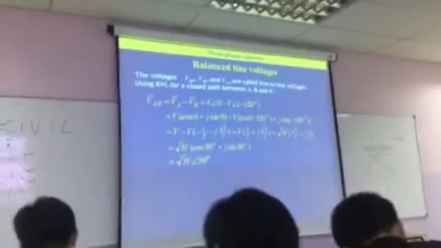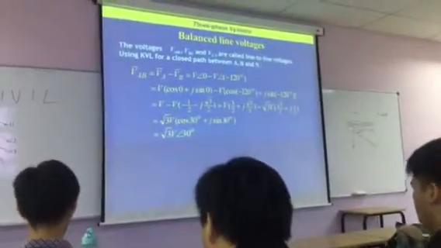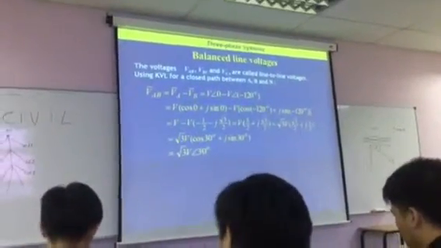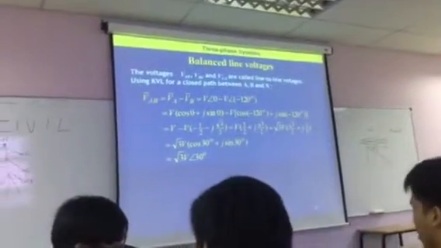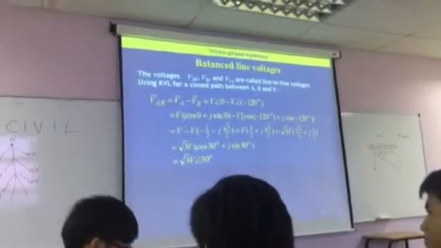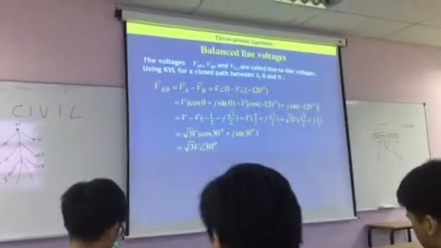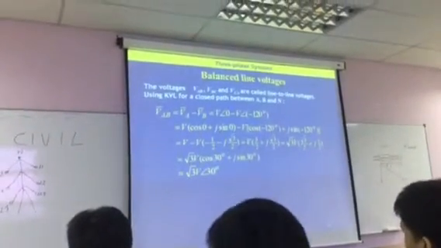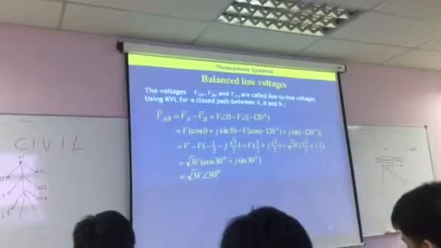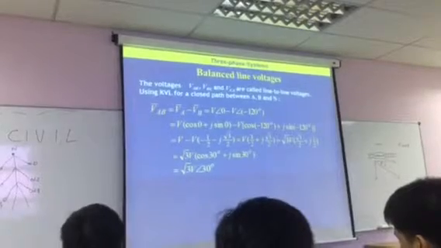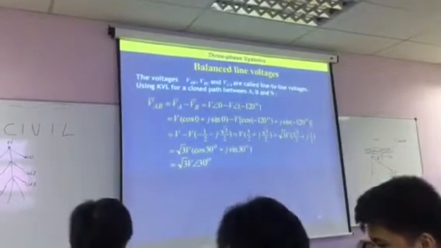Tell me what you get. 415. Amazing. I know you will get 415. So that is where 415 comes from, or the other way around, that's where 240 comes from. If you start with 415 and divide by √3, you get 240. That's how it works, proved by Kirchhoff's law.